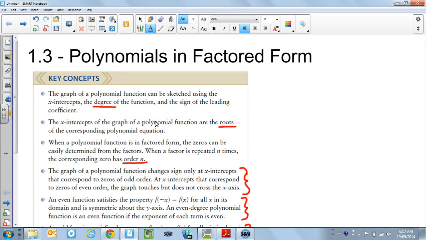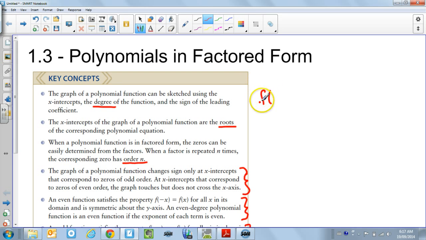Degree, again, was something we saw in one of the earlier sections. The degree of a function, or any polynomial. If we have something that looks like this, that's a 4, by the way.